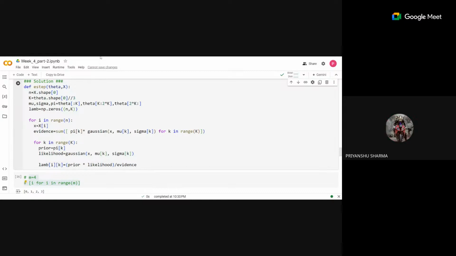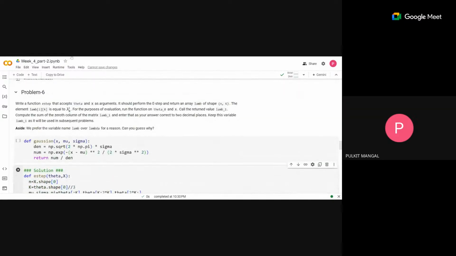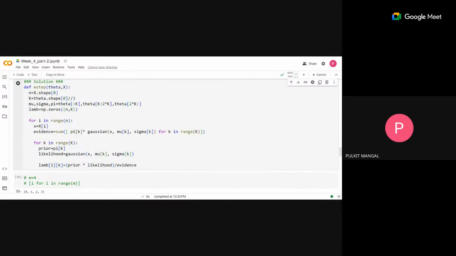The last line, what does this mean? If you scroll above, this lambda ik value is equal to this, right? And that's what we did. We calculated this probability and made it equal to this. Here we initialize our lambda matrix in which we have all zeros.